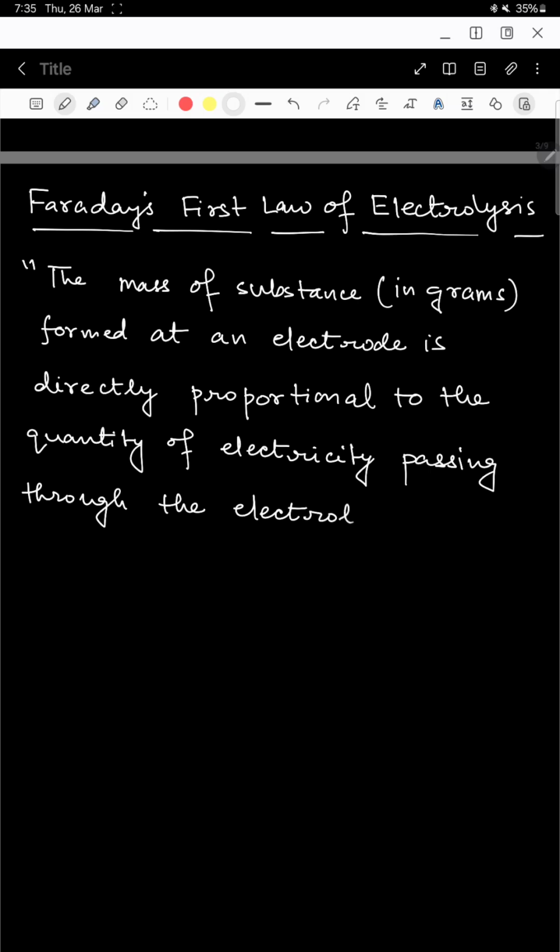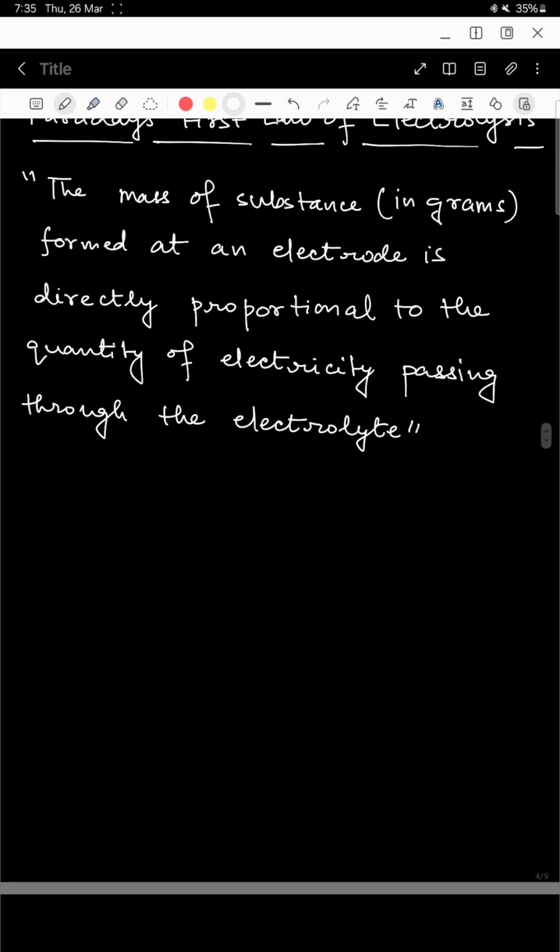So this is the statement of Faraday's first law. The mass of substance, taken in grams, formed at an electrode is directly proportional to the quantity of electricity passing through the electrolyte.